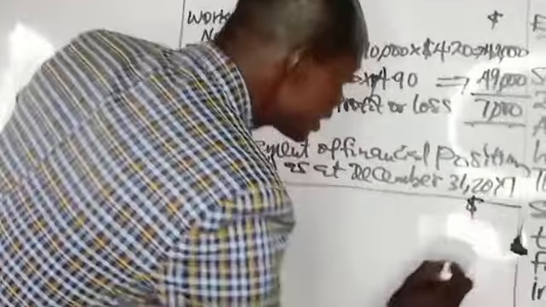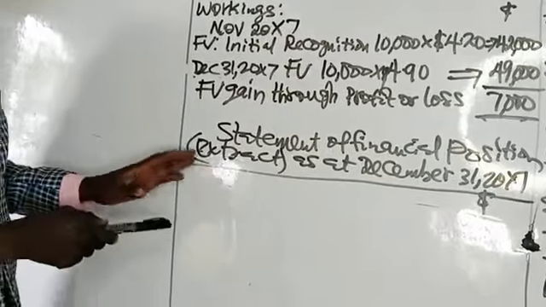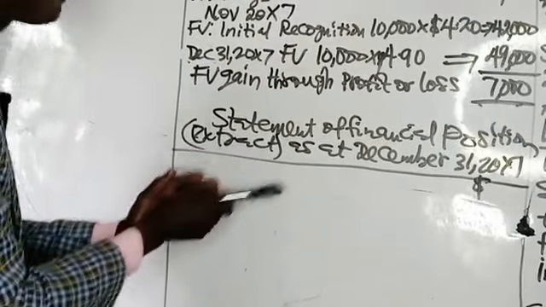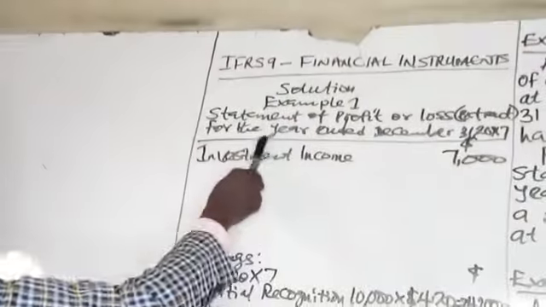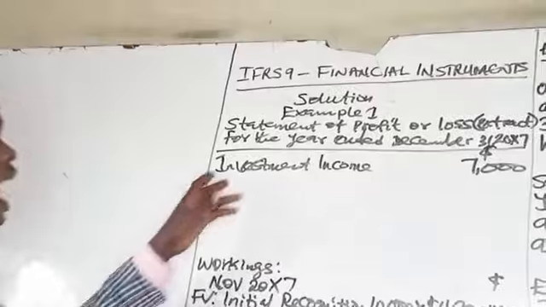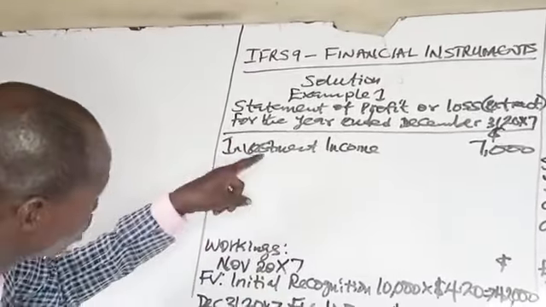Now, since the investment is held for trading purpose, that is why the fair value gain was recognized in the statement of profit or loss as income, not other comprehensive income. Take note of that.